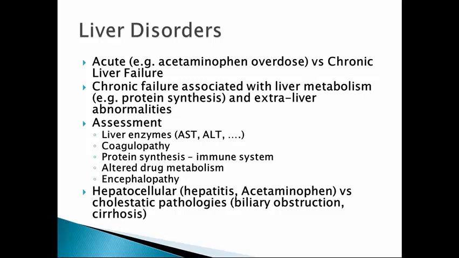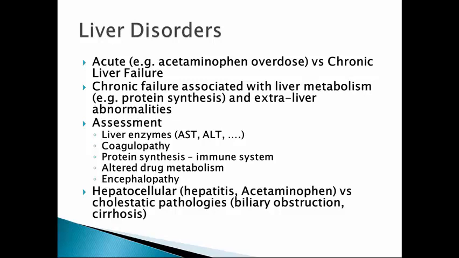We know that the liver is a primary site of drug metabolism. Kidneys do the excretion, liver does the metabolism. So if someone has an inflamed liver or who has liver cirrhosis or liver failure, we have to be very careful with drug dosing because they're not going to be able to metabolize the medicines very completely or very well.